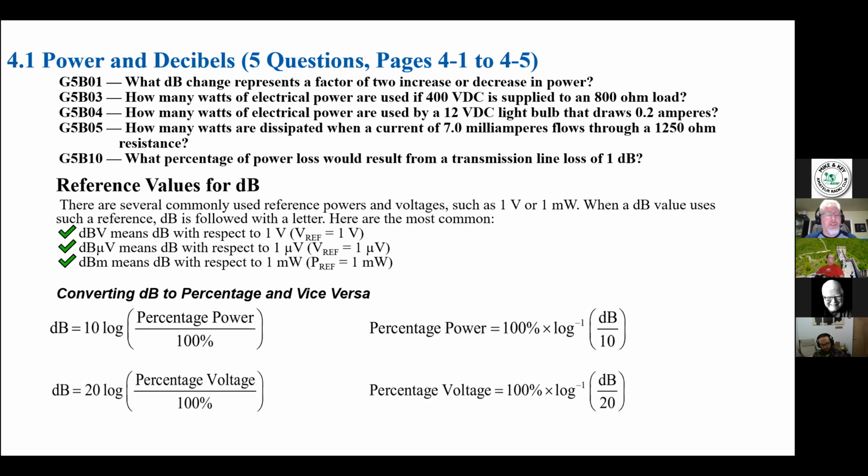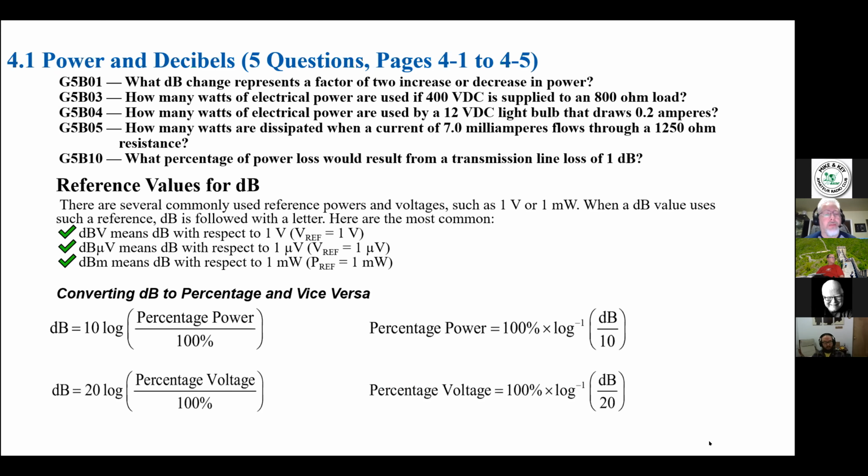So as a reference for decibels, there are several commonly used reference powers and voltages such as 1 volt or 1 millivolt. When a dB uses such a reference, dB is followed with a letter.